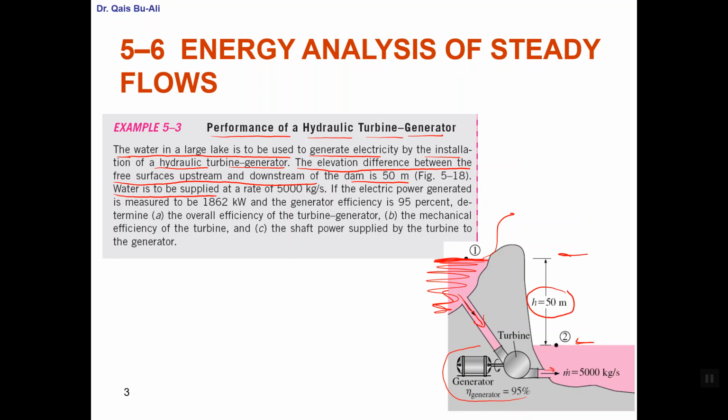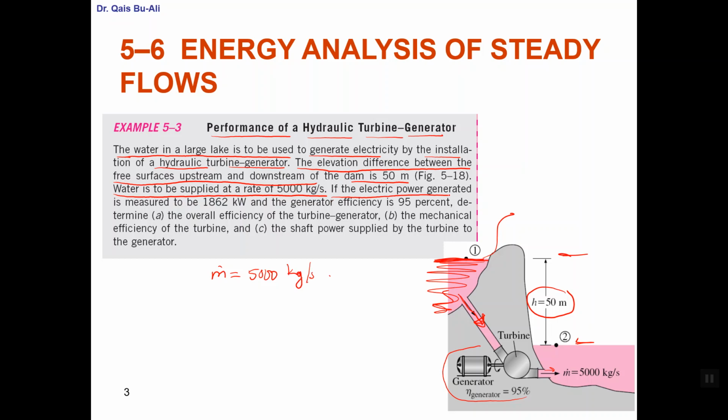Water is to be supplied at a rate of 5,000 kilogram per second. So I can write here m dot is equal to 5,000 kilogram per second. It's a lot of water.